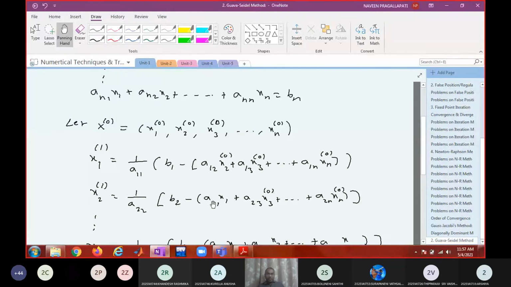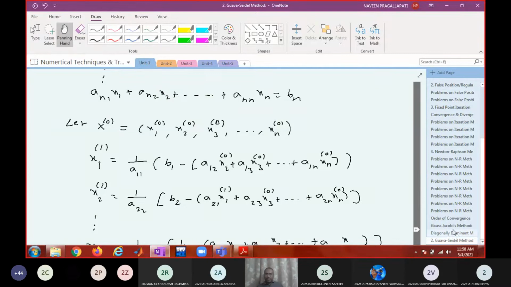But for x1 don't substitute the initial approximation value. You always substitute the latest value of the variables. What is the latest value of x1? Is that x1 power 1 or x1 power 0? x1 power 1, sir. So in Gauss-Seidel method, we always substitute the latest approximate values for the components. That is the only difference.